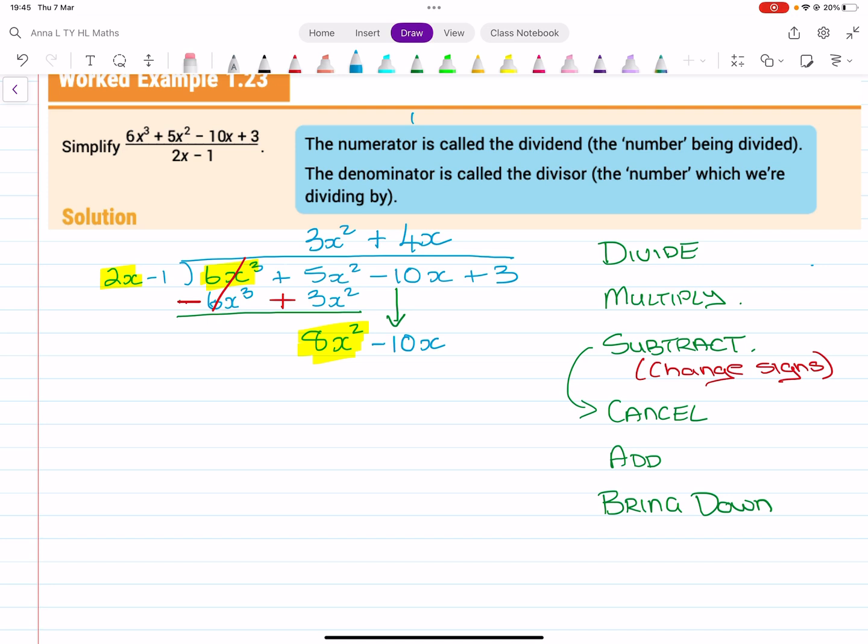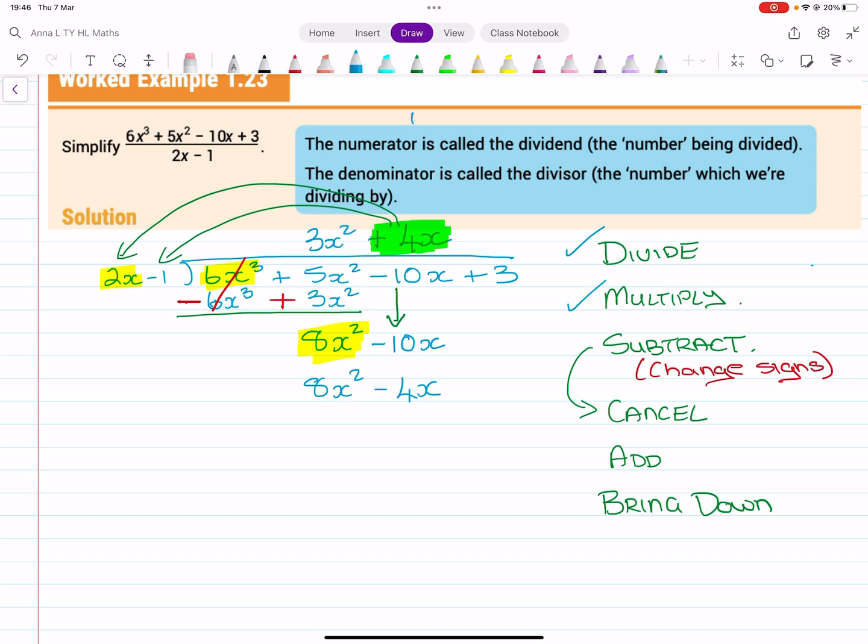And then I take my plus 4x and multiply it out here, which is 8x squared, and then you multiply by minus 1. That gives us minus 4x. Good.